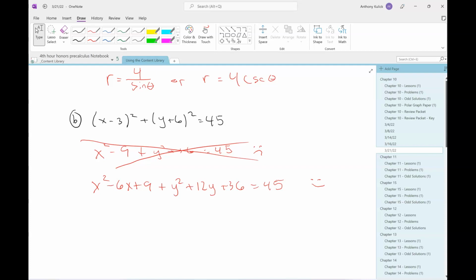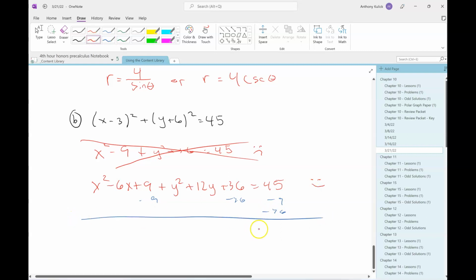What terms do you see? Why don't we just do this then? Well, that's fine. Why don't we just do that though? Since the other side's 45 also, just move it all to one side so it's zeroed out. Is that okay? What else?